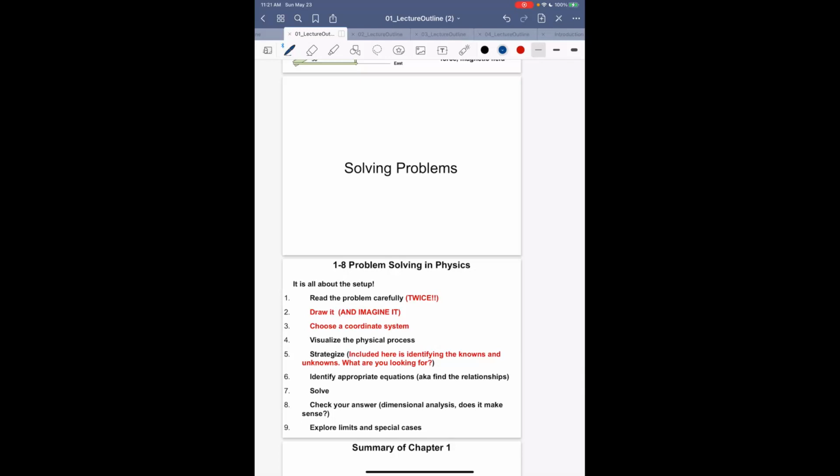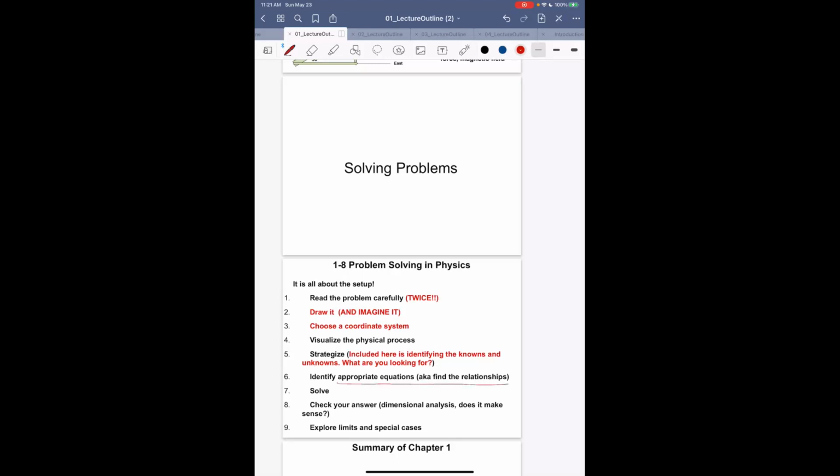The problem itself is going to be very abstract for you. When you draw it or imagine it, it becomes more realistic. Choose a coordinate system and visualize the physical process so that you will be able to make connections. You're going to identify knowns and unknowns and find what you are looking for, because you need to identify which equation you are going to use.